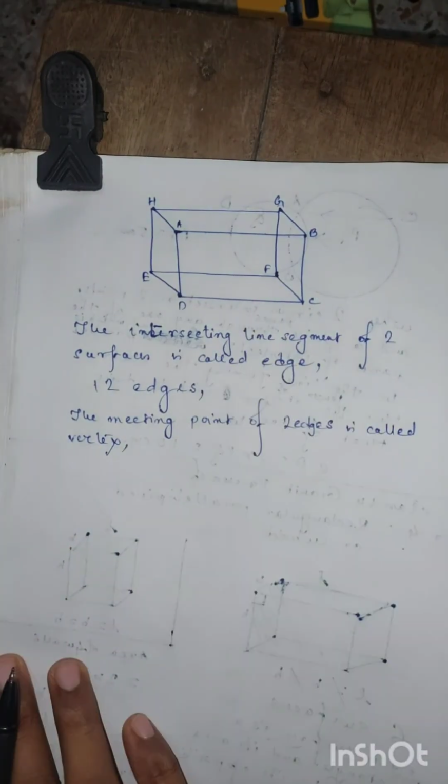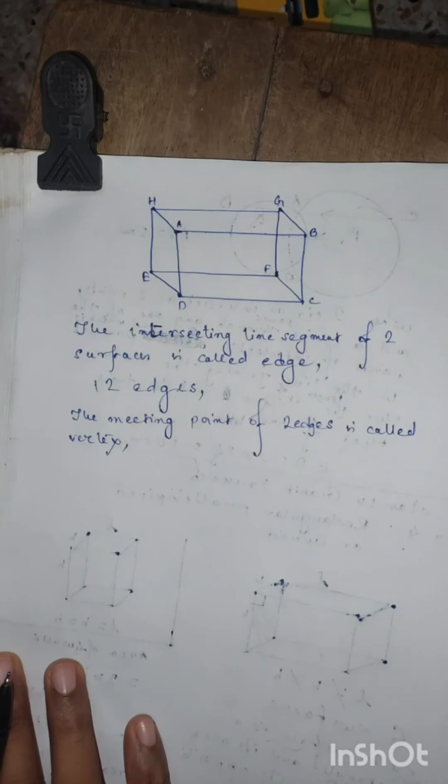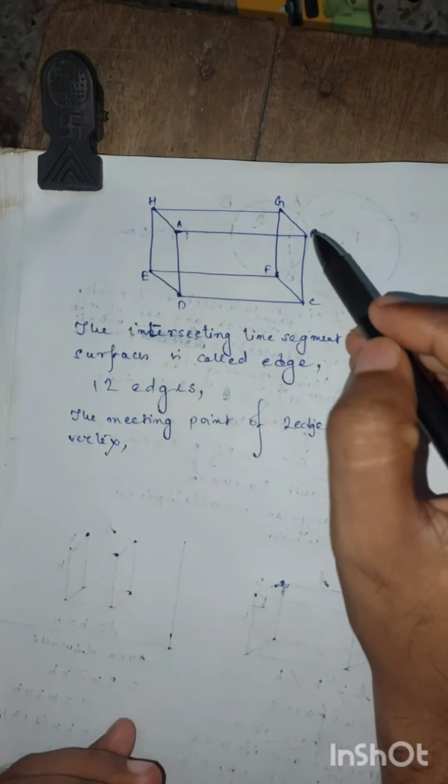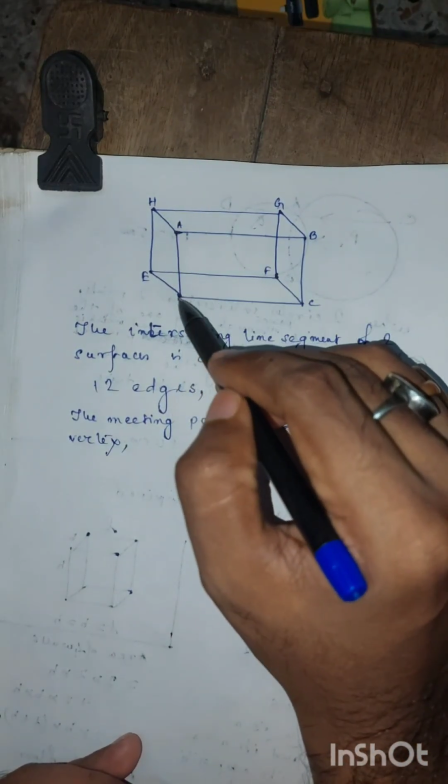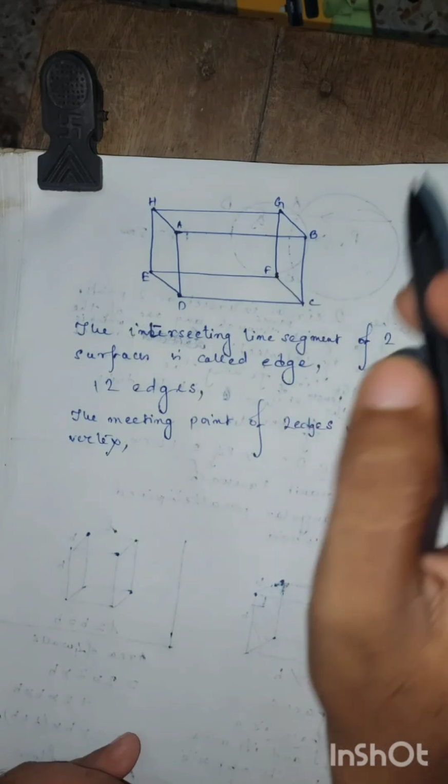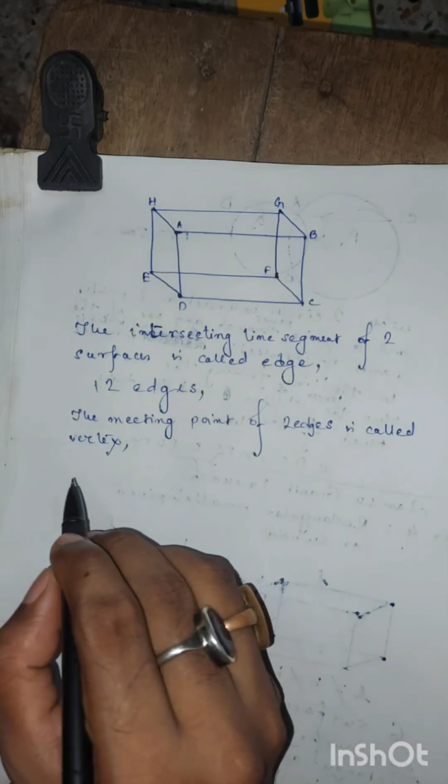Okay. A cuboid has 1, 2, 3, 4, 5, 6, 7, 8 vertices.